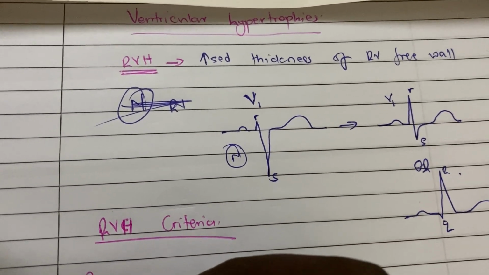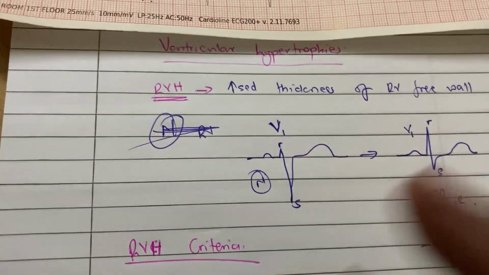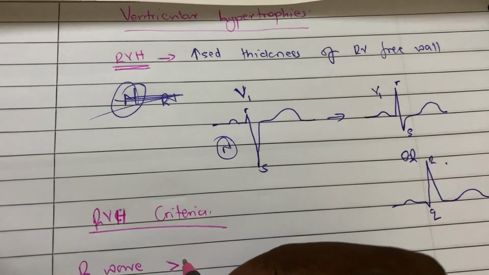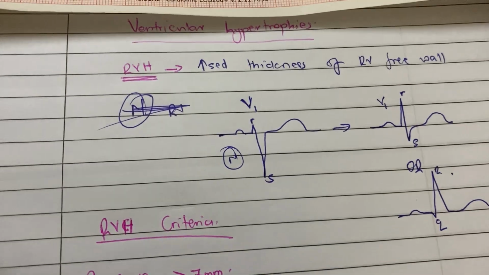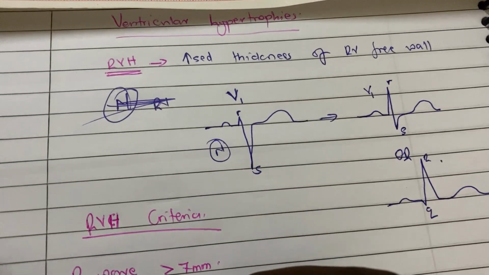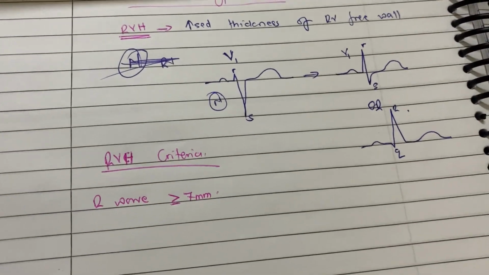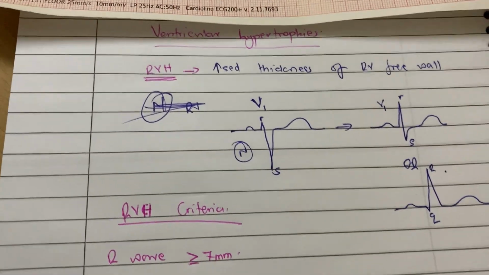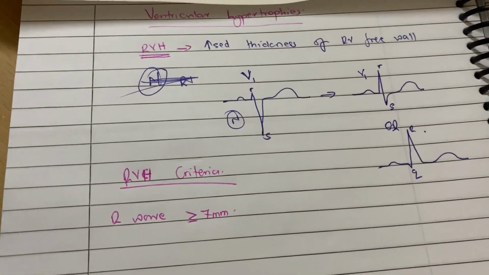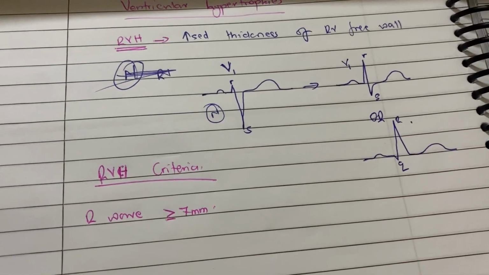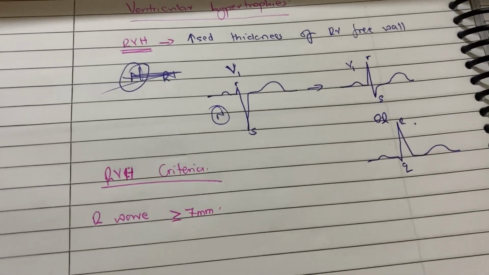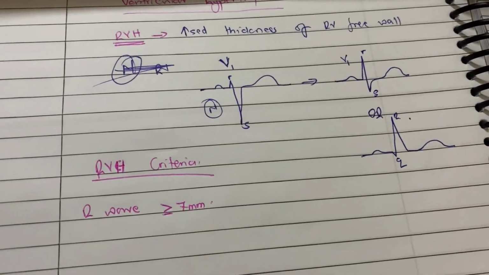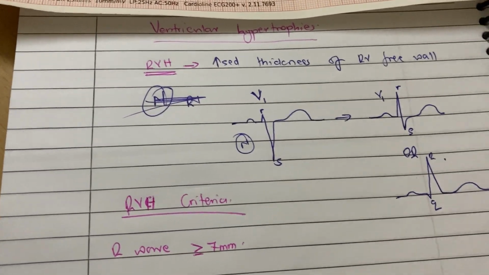Initial R wave, this one, to be taller than or equal to 7 millimeters, RVH. Now because in RVH the right ventricle may be thicker than the left ventricle, the right ventricular free wall may be thicker than the left ventricular free wall, the axis may change.